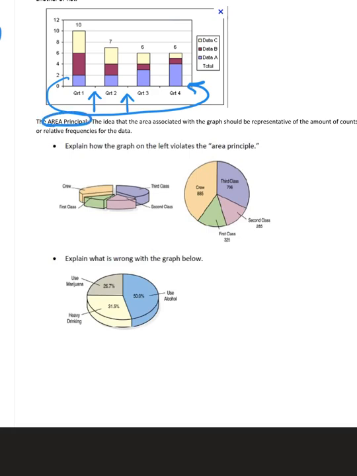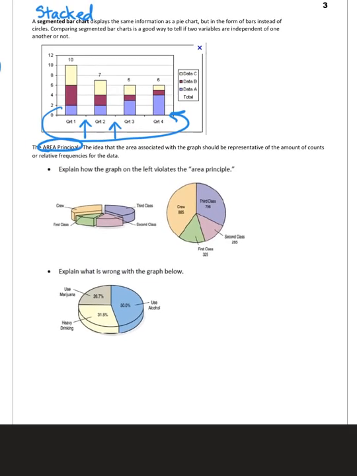That is something that you've really got to watch out for, because when you violate the area principle, you'll find that you can create a picture that is not proportionate to the total as it should be. And if it is not proportionate to the total as it should be, then you are misrepresenting this data visually.